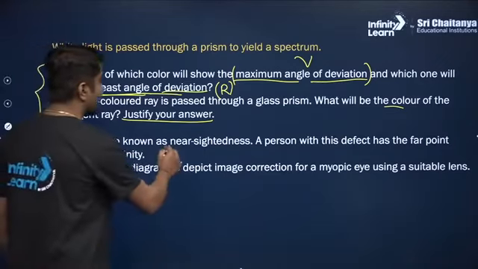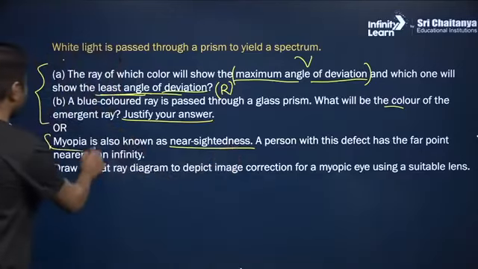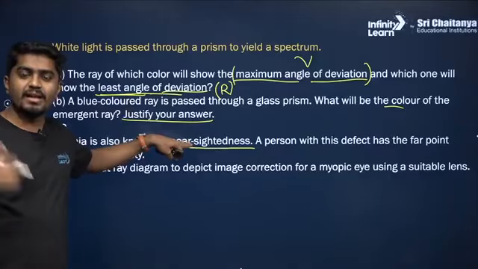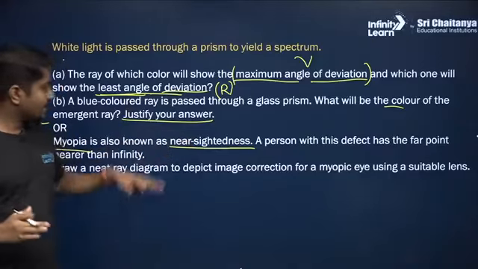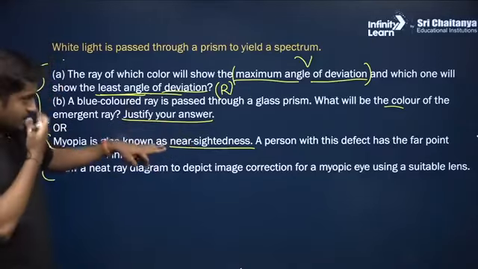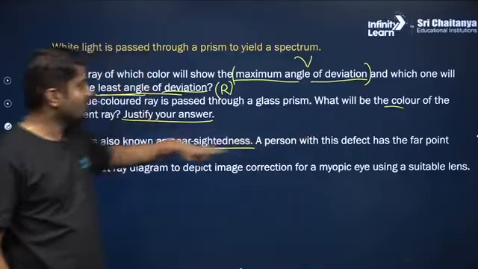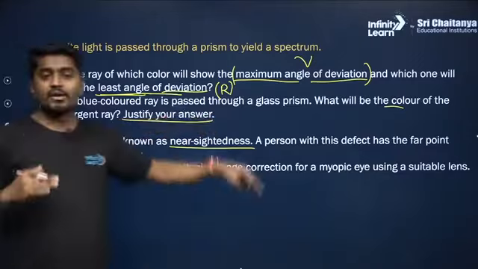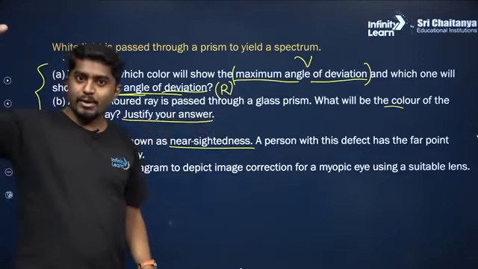Myopia is known as near sightedness. So near sightedness क्या होता है? Near objects visible, far objects not visible. That is the meaning of near sightedness. A person with this defect has a far point nearer than infinity. तो जो far point होता है, for normal people, far point is infinity.